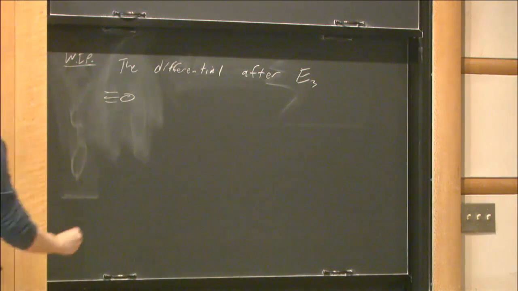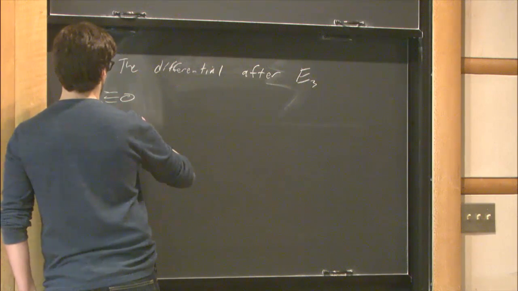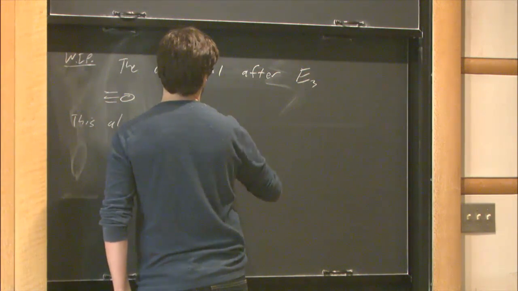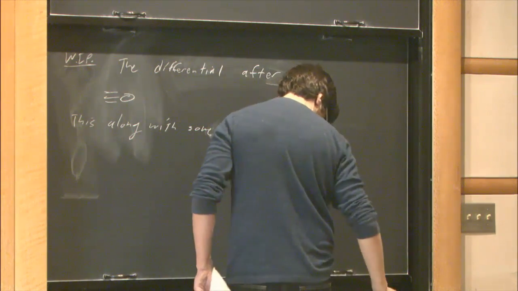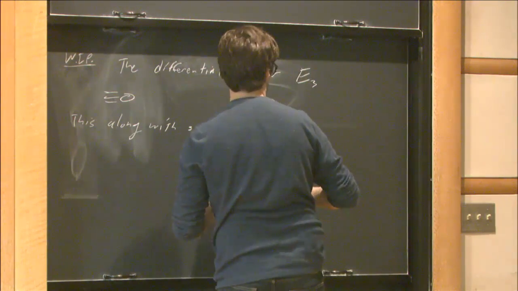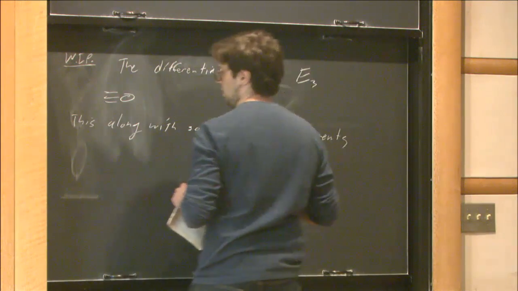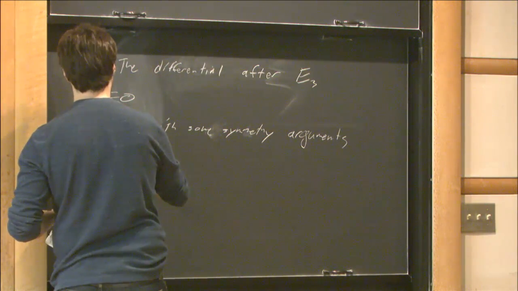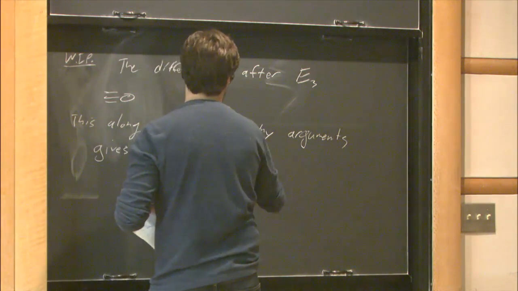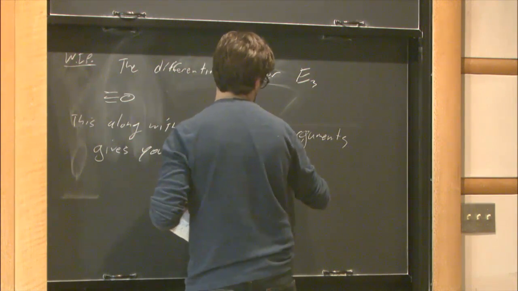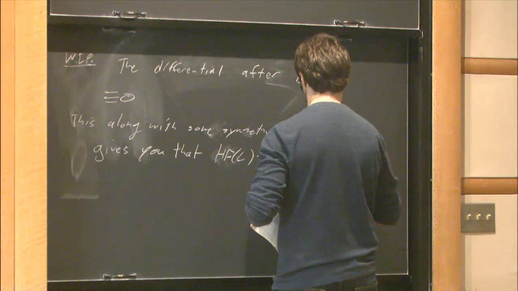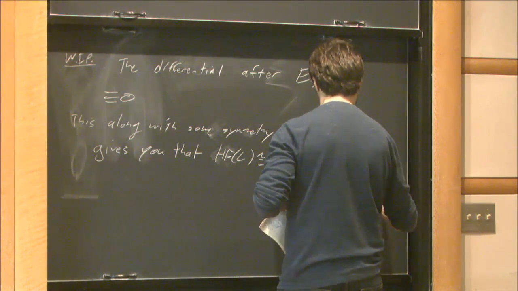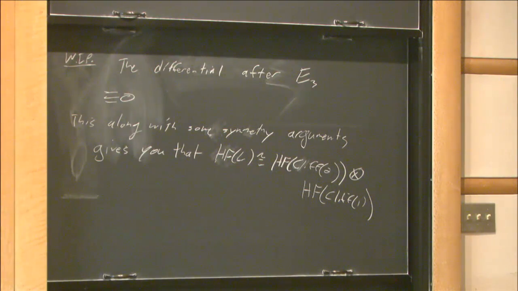And then you kind of hope that, along with some symmetry arguments, this should give you that HF of L is just going to be the tensor product of the two. Okay, so that's kind of what I'm working on right now.